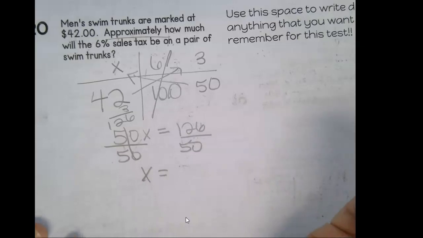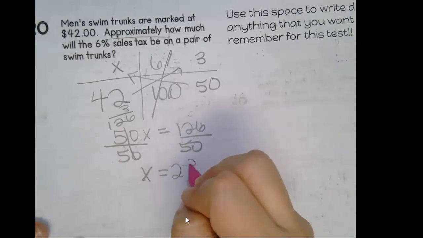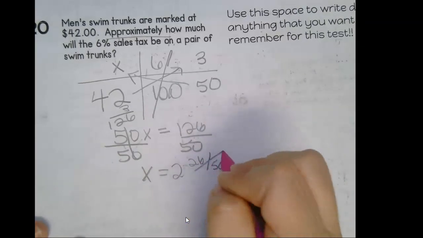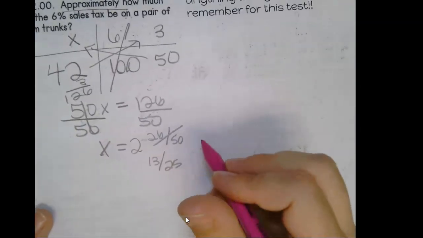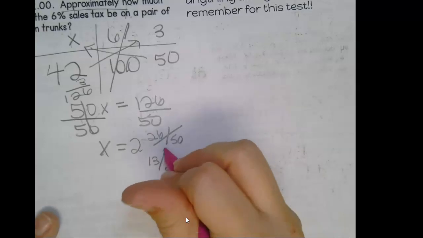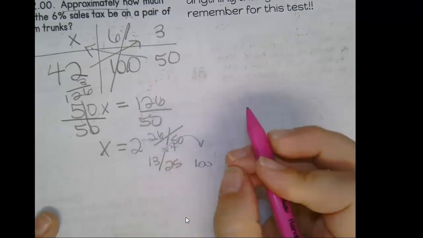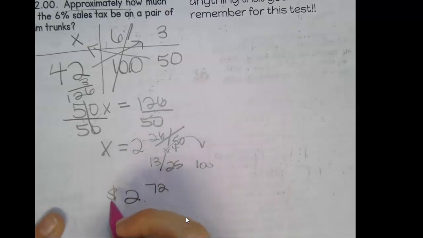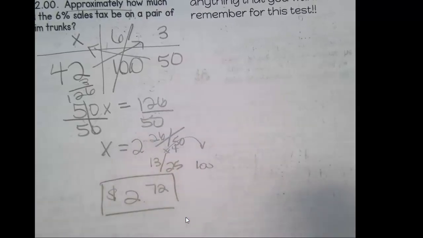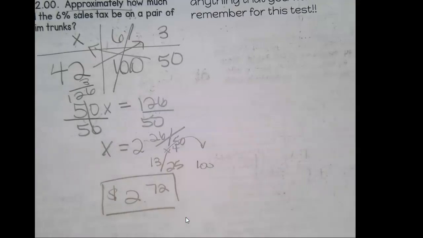X is equal to 2 and 26 over 50, which ends up being 13 over 25. But if we're talking about money, 72 cents. So about $2.72 would be the tax. Alrighty.